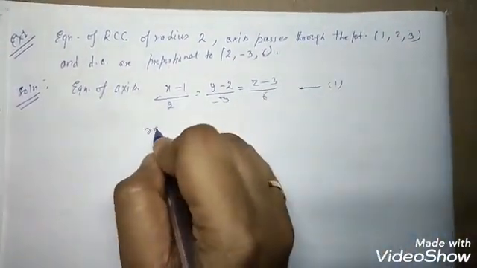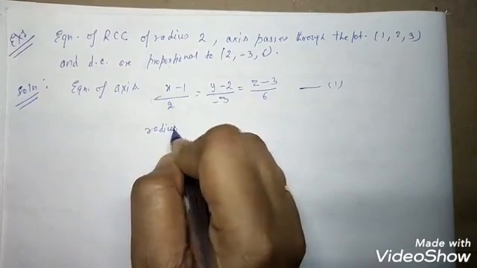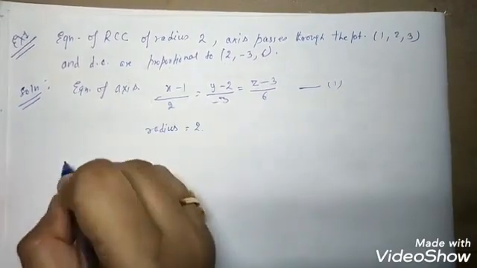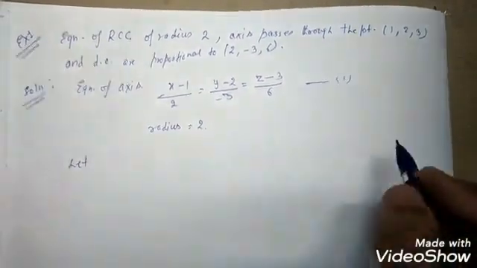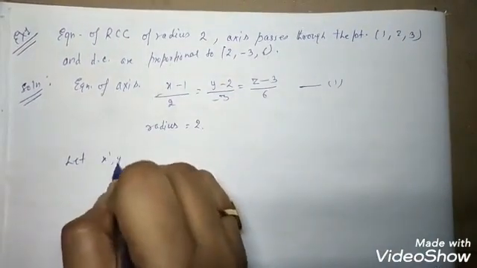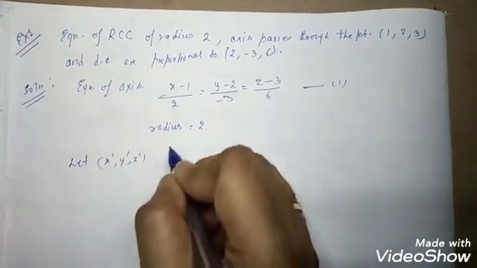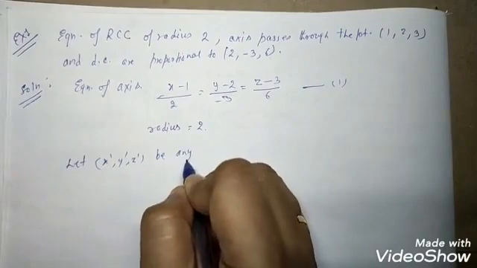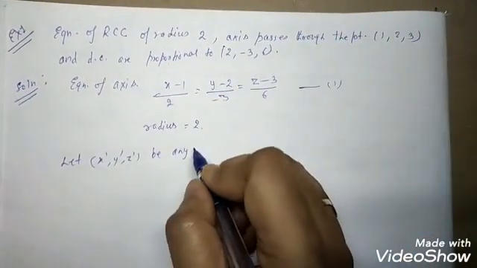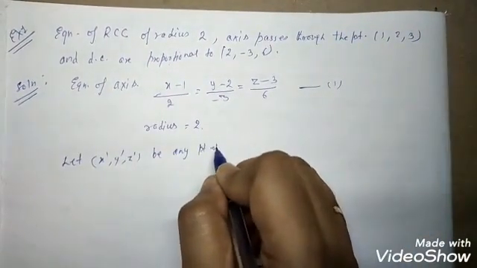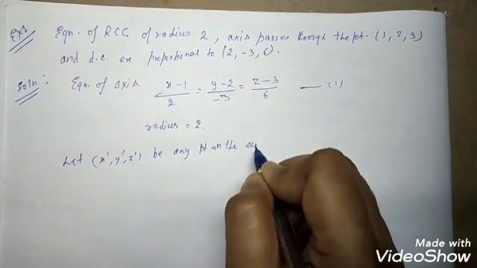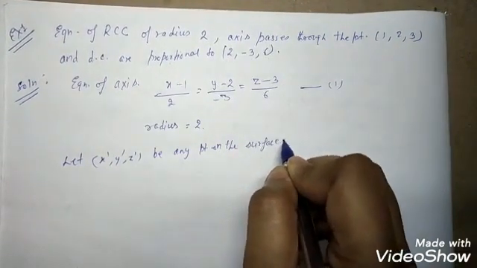And here the radius is 2. Now let (x dash, y dash, z dash) be any point on the surface of the cylinder.